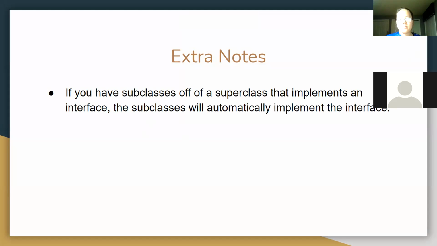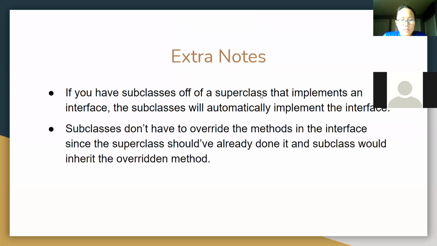Similar to a lot of other things. Subclasses don't have to override the methods in the interface because the superclass should have already done it, and the subclass will just inherit the overridden method, so you don't need to override it again.